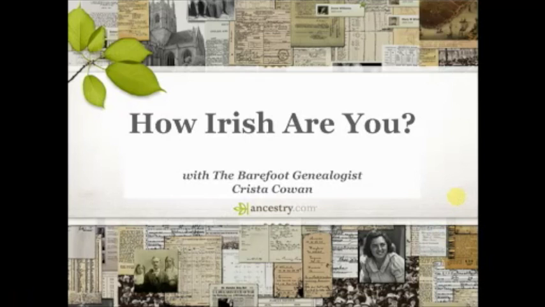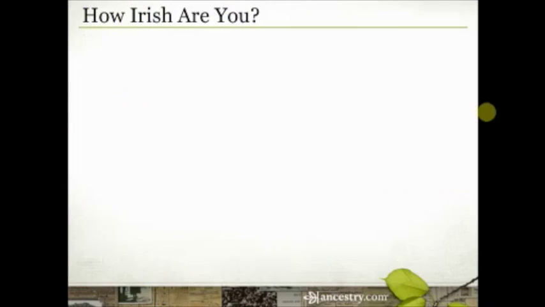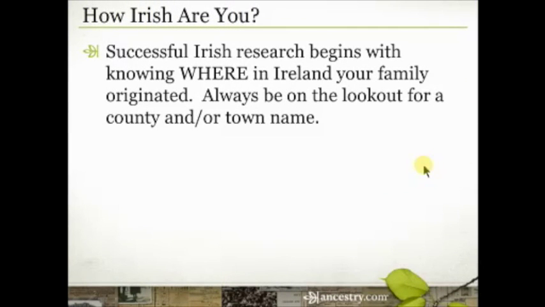The first thing you're going to want to do is realize that successful Irish research begins with knowing where in Ireland your family originated. That is probably the single hardest step in Irish research. Just knowing that they're from Ireland is very insufficient if you want to make sure that you've got the right people.